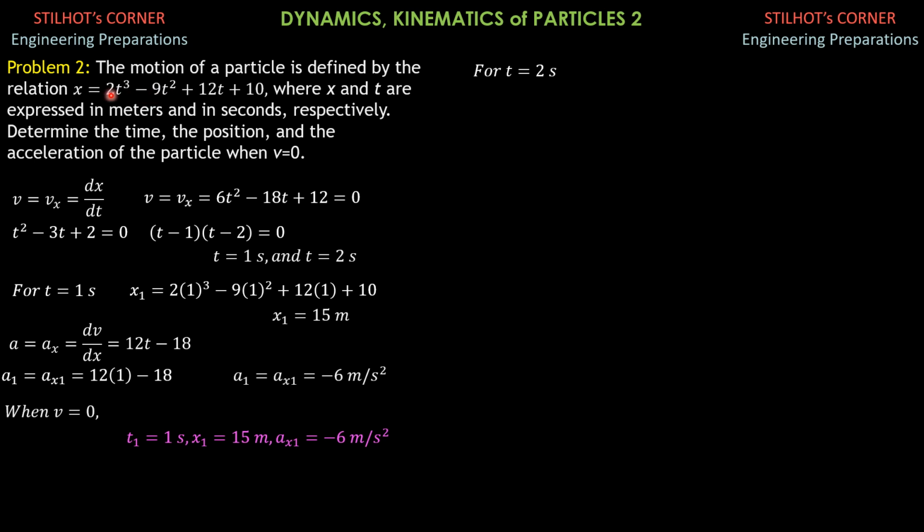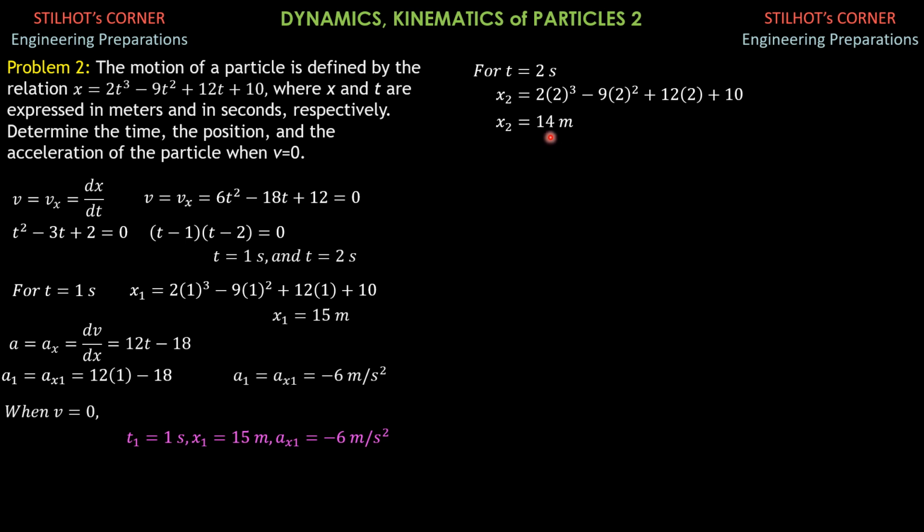So 16 minus 36 is negative 20, plus 12 times 2, 24. Negative 20 plus 24 is 4, plus 10 equals 14. So when t is 2, the particle is also at rest, and x sub 2 is equal to 14 meters in my calculations.